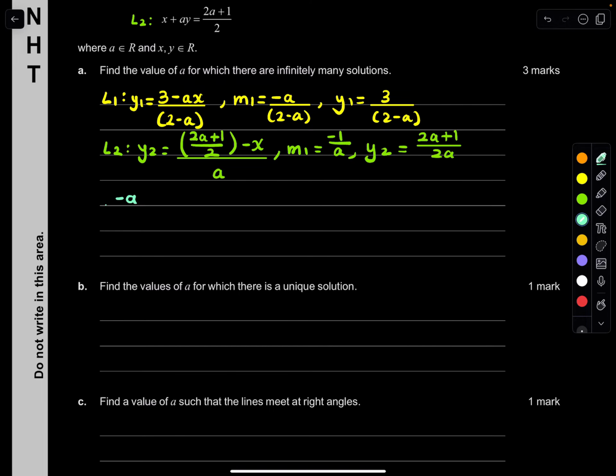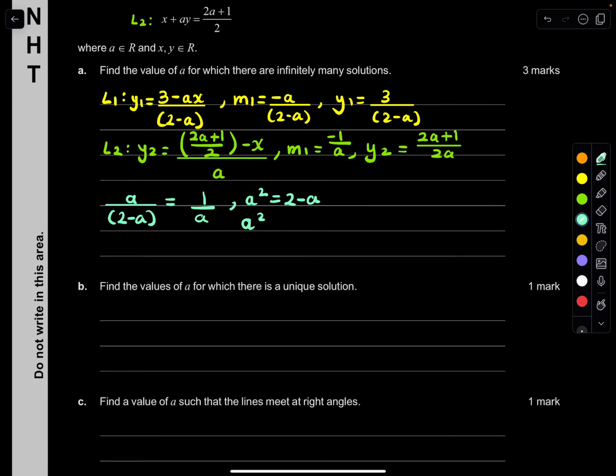So negative a divided by 2 minus a must be equal to negative 1 over a. Because there are two negatives on both sides, we can get rid of them. Now I'm going to cross multiply to get rid of those divisions. So it's going to be a squared equals 2 minus a.